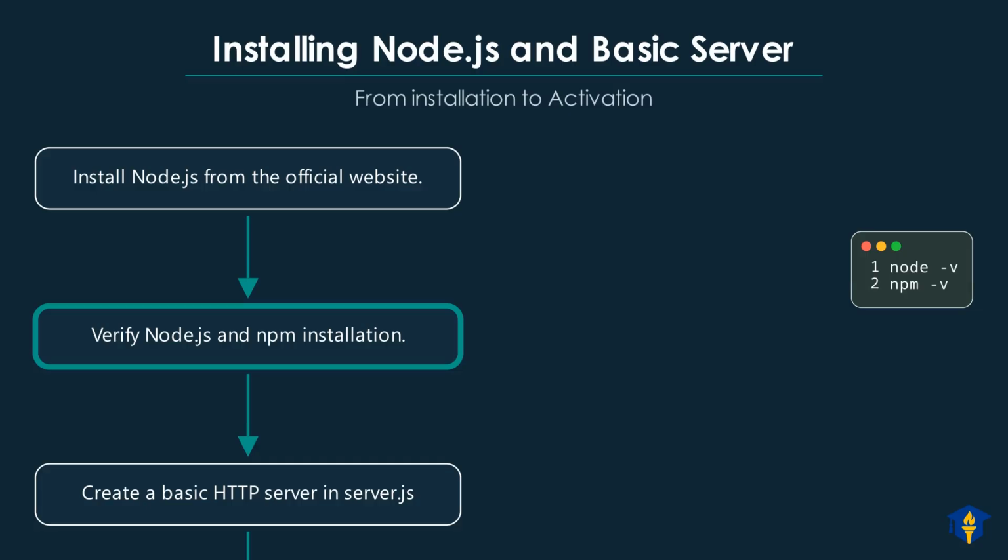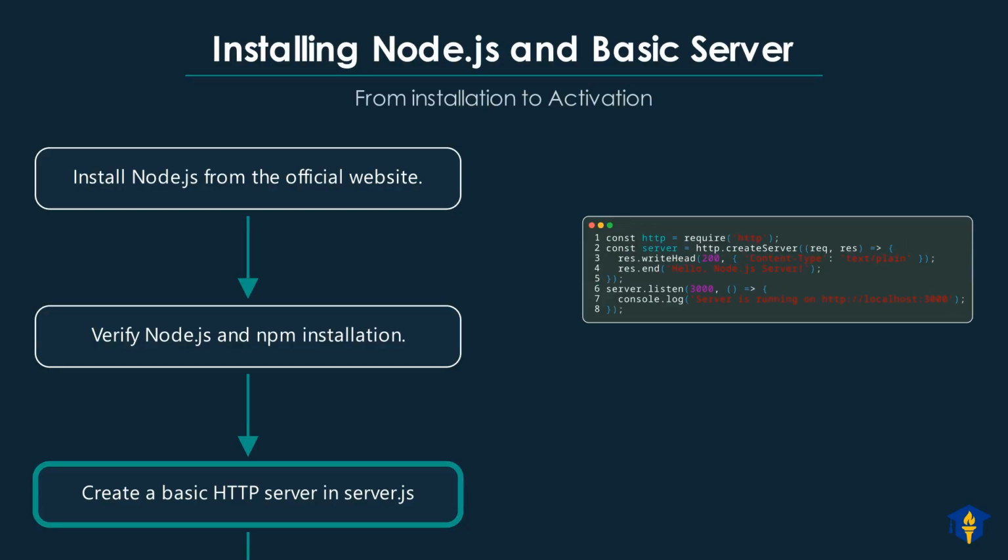After installation, it's good practice to verify that both Node.js and npm are correctly installed on your system. You can verify the installation by running node --version and npm --version in your terminal. Next, create a file named server.js and add the code to set up a basic HTTP server.